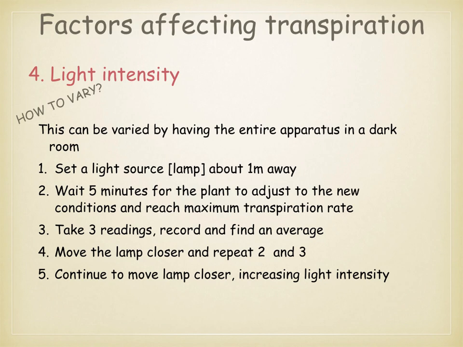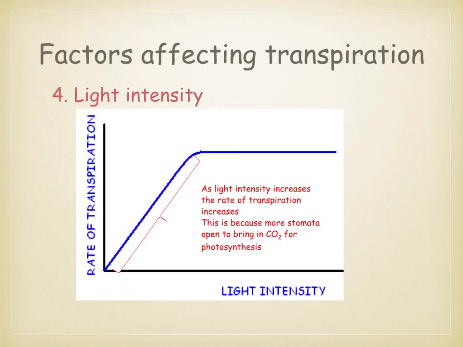So if you were to draw a graph of light intensity against rate of transpiration, what do you think it's going to look like? Well, the light intensity is going to go on the x-axis, the rate of transpiration on the y-axis. So as the light intensity increases, the rate of transpiration increases.